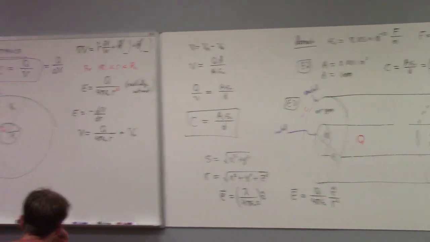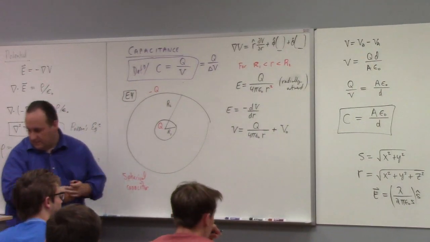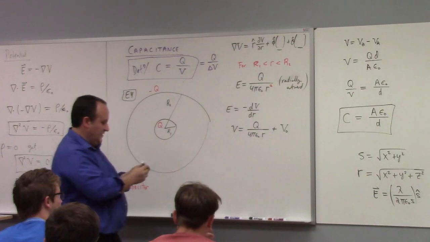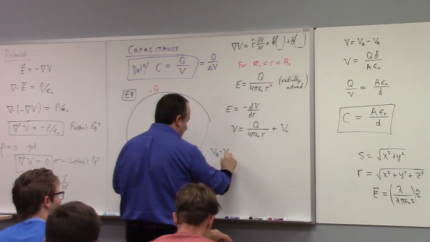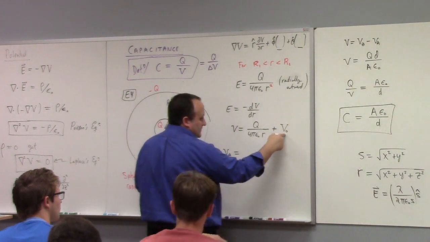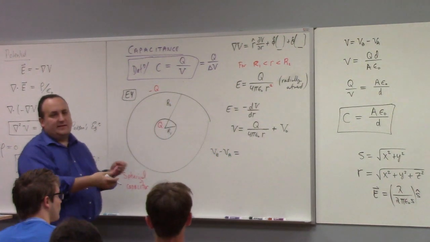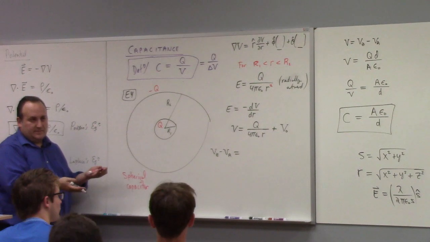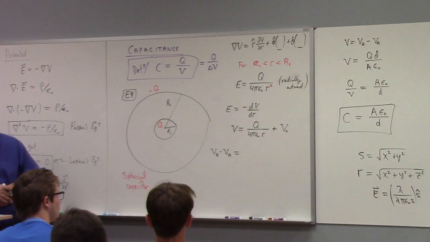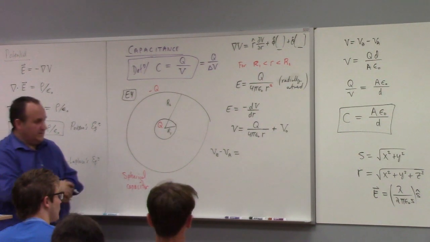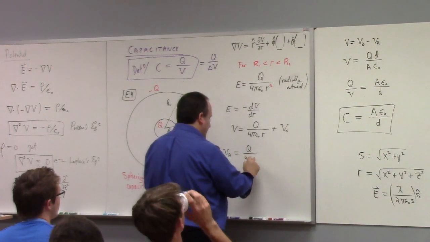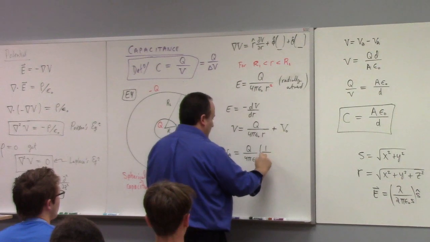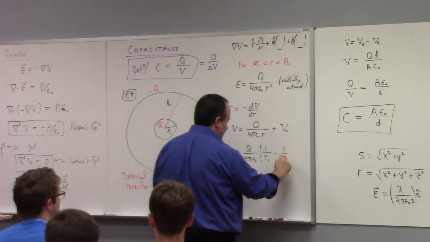So what is the change in voltage from, say, B to A? Here, VB minus VA. So the V naught doesn't matter, right? It cancels out. And so we just get Q over 4 pi epsilon naught, 1 over R1 minus 1 over R2.